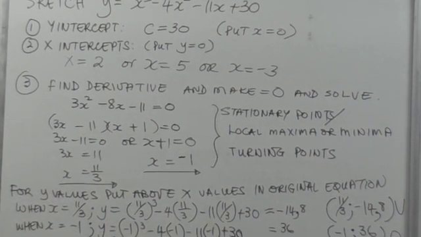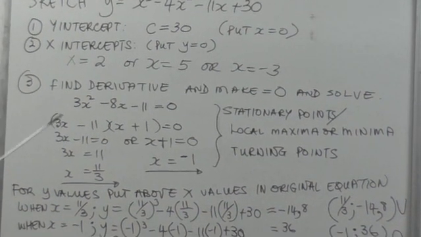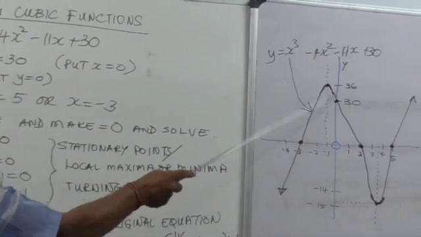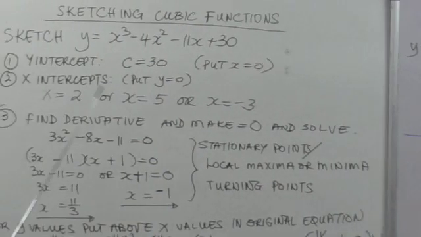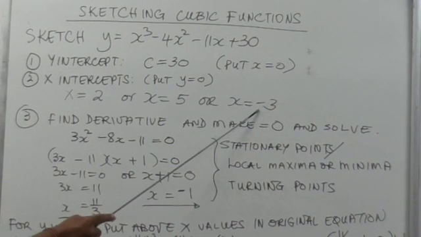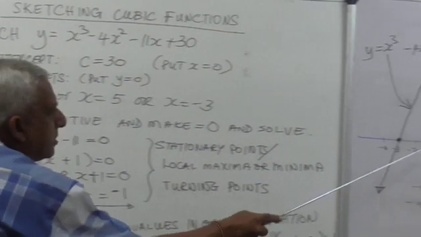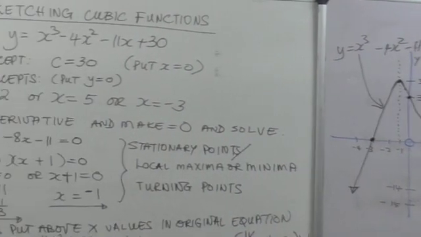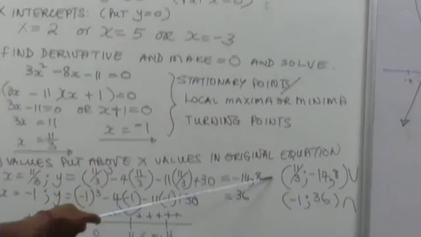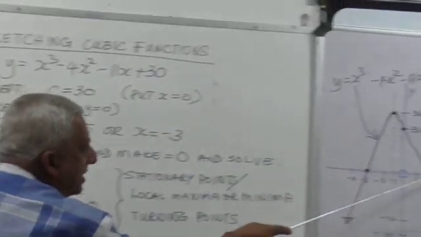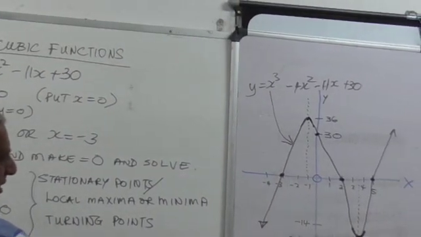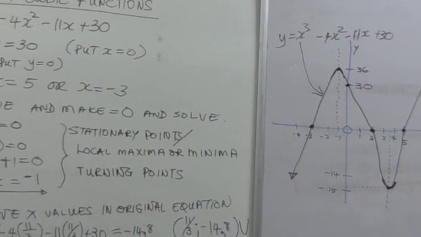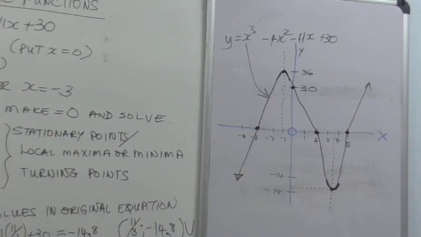Alright, so let me just finally summarize like this. Y-intercept 30, there it is. X-intercepts 2, 5, minus 3. There's your 2, 5, minus 3. Your turning points, 11 over 3, minus 14,8. It's there. I should actually write that down there.